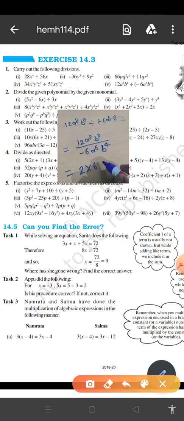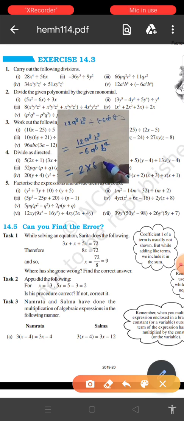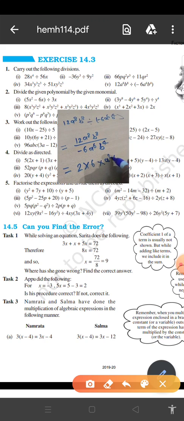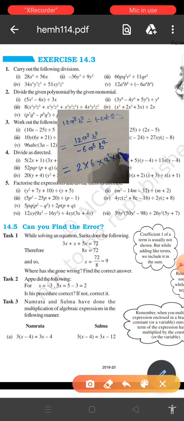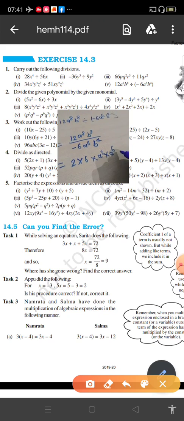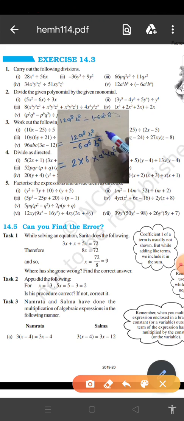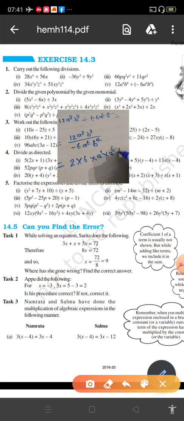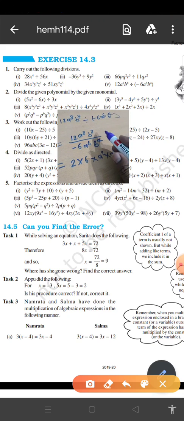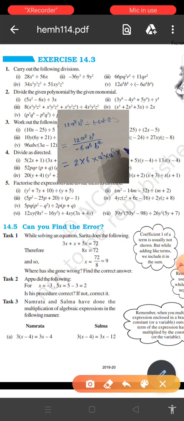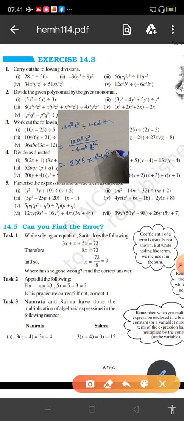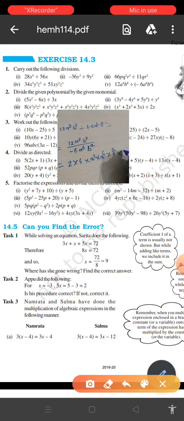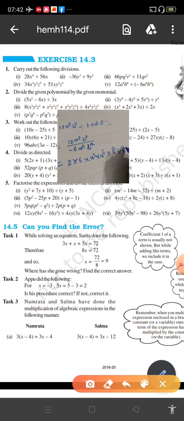So a power 8 is a power 2 into a power 6. After this you can see here b power 8, and here b power 4. So you can break it as b power 4 into b power 4.